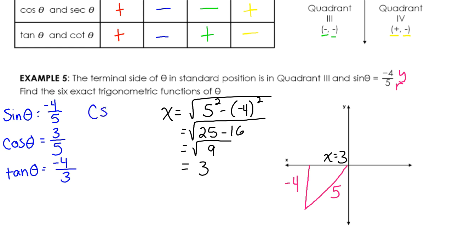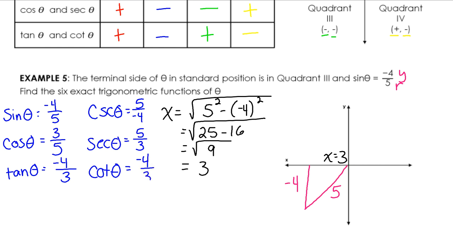And then I can fill in my 3 reciprocal functions by flipping those over. So 5 over -4 for cosecant. Secant of theta is going to be 5 over 3. And cotangent of theta is going to be -4/3.